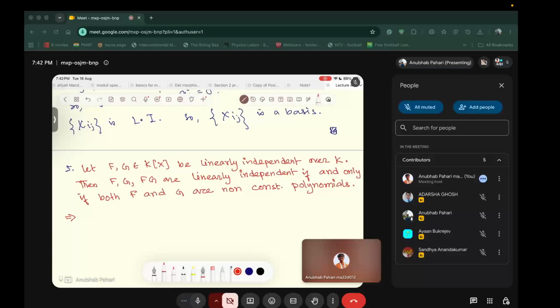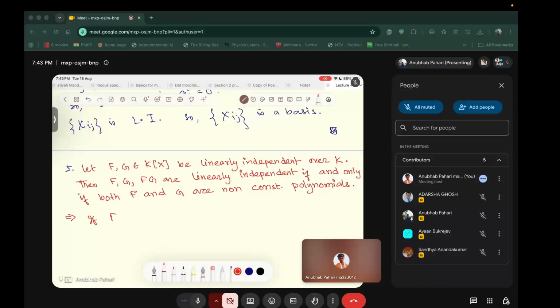Okay, so let's try doing this. The question was, if f, g are linearly independent over k, then f, g, and fg are linearly independent if and only if both f and g are non-constant polynomials. So let's check if it is true or false.